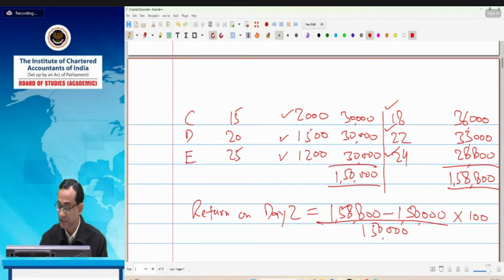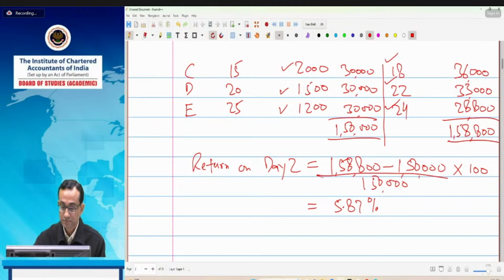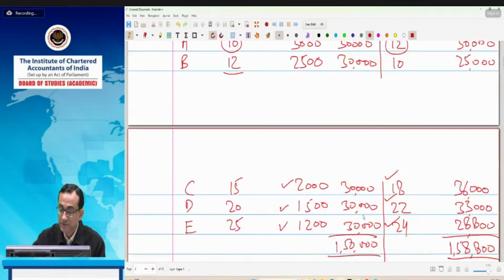So let us just calculate this percentage return. The return is coming to 5.87. I hope you are also getting this same percentage, 5.87. So this is a good enough return. A 1-day return is 5.87.